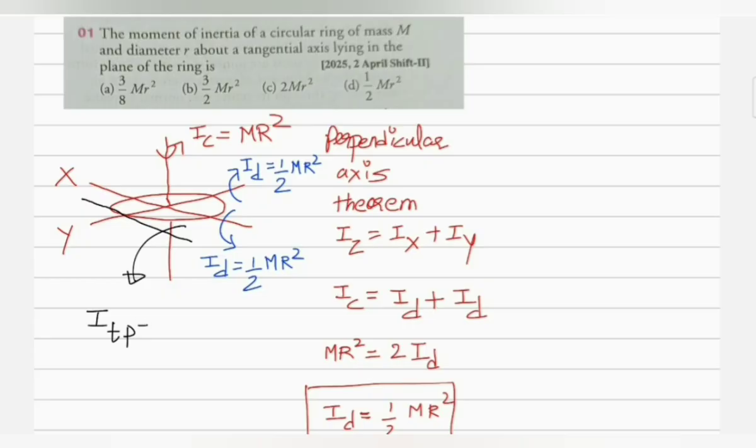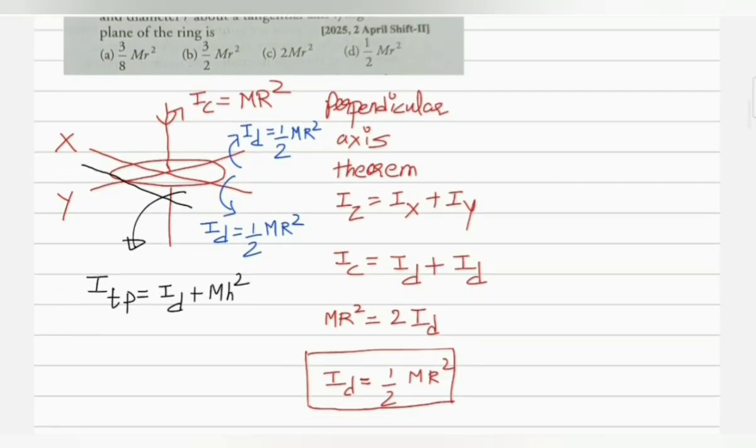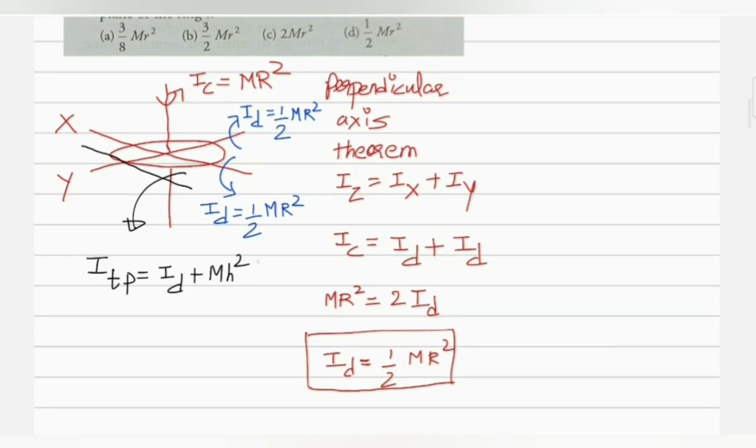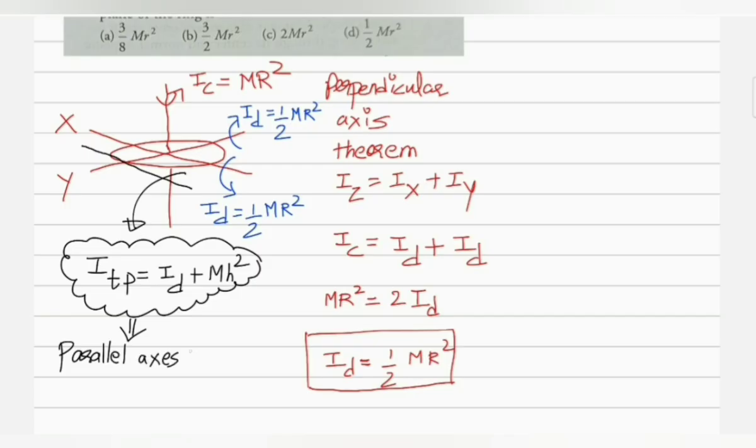So ITP, students, will be equal to the moment of inertia about the diameter axis plus m times h square. So what did I recently use, students, while framing this black formula? ITP is equal to Id plus mh square. Tell me, which theorem is it here? It is this time the parallel axis theorem. Yes or no sir? Yes sir, this is the parallel axis theorem. All right?